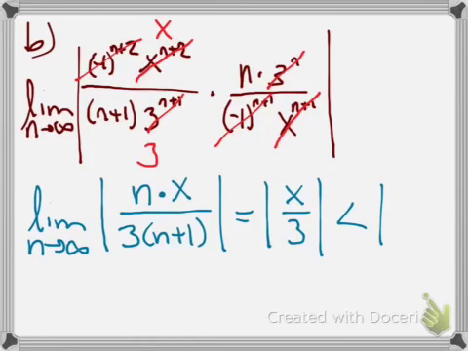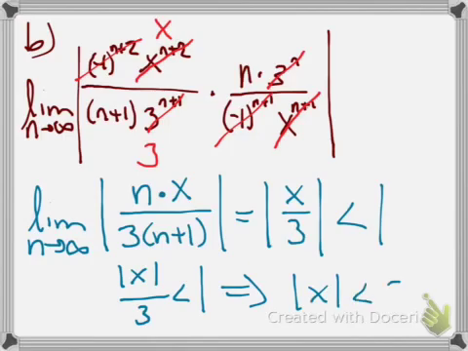Okay, so from this point, we just have a little bit of algebra to do. Since 3 is already non-negative, the absolute value of x over 3 is less than 1, which implies that the absolute value of x is less than 3. So the interval of convergence as of right now is the open interval. Since this is a Maclaurin series, it's centered at 0.